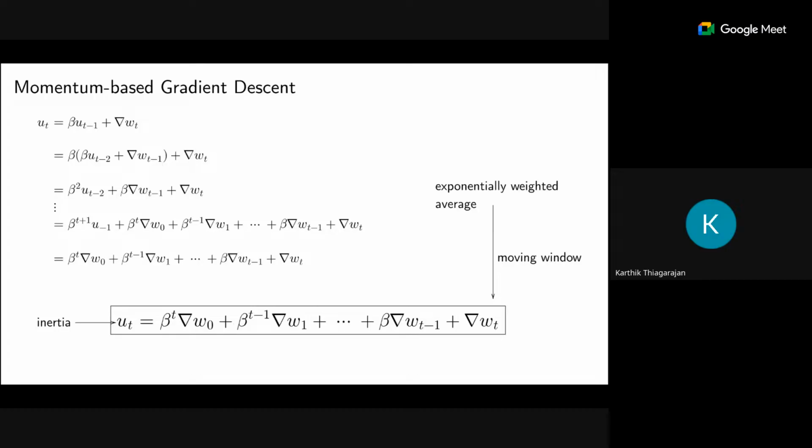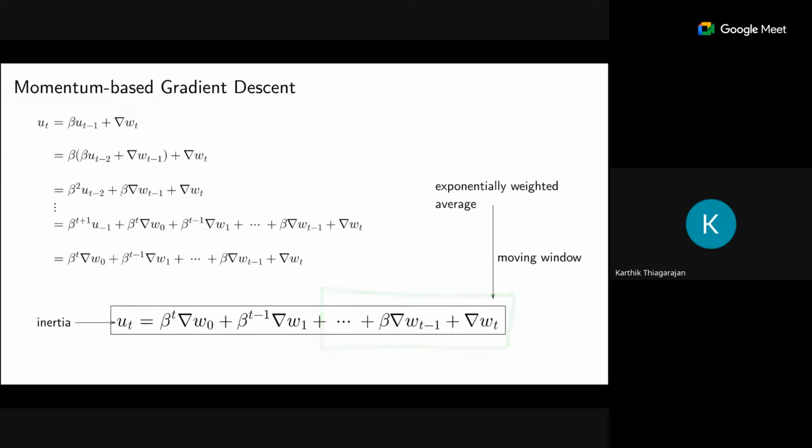Sometimes it's also looked at as a moving window. What do we mean by a moving window? After a particular point in the past, your beta power t minus something will become so small that you can roughly treat these as zeros. So the effective window of gradient history is only this much.